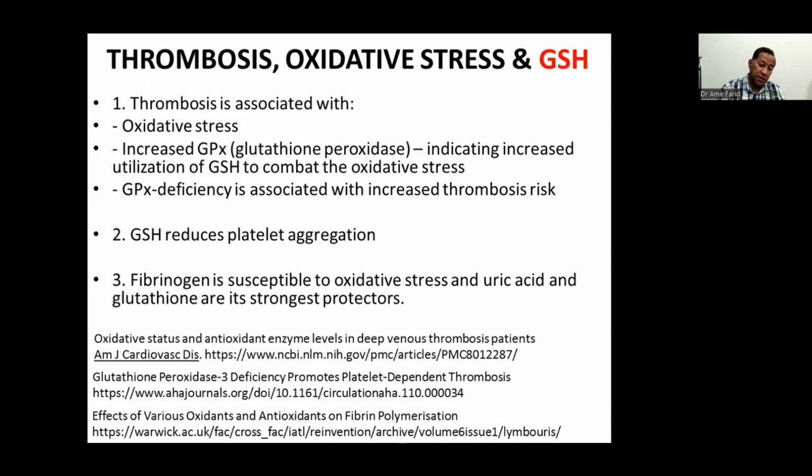So not only does glutathione affect those factors that reduce thrombosis, but glutathione also affects those factors that tend to form thrombus, which means glutathione acts on both sides of the equation, right?